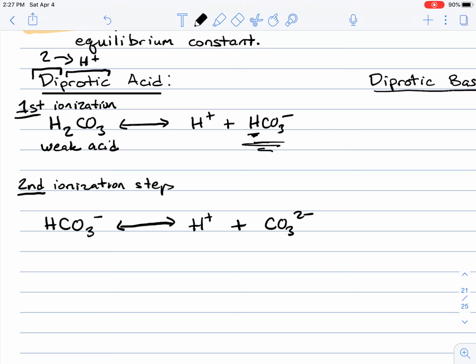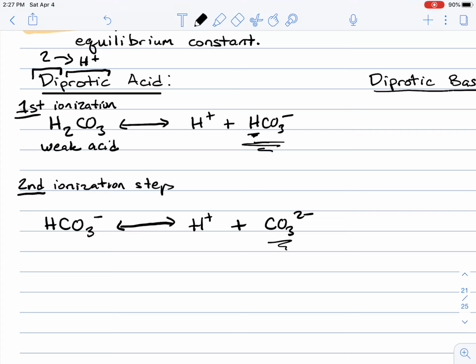If you look at our final product, carbonate no longer has any more hydrogens to ionize, so we would stop here. Now, if there are 3 ionizable hydrogens, then there are 3 ionization steps, and we'll look at that in just a second.